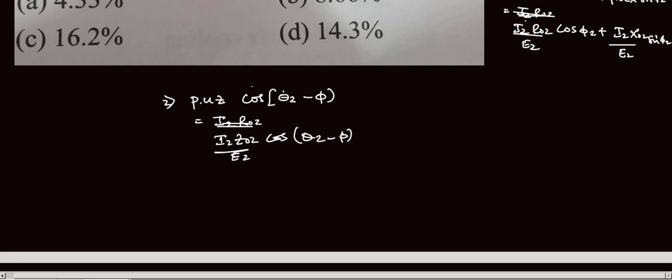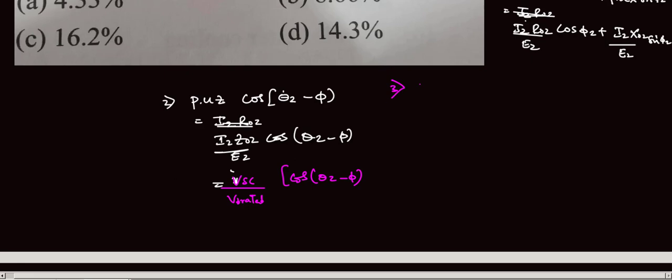Or what is the per unit impedance in terms of the short circuit test? Vsc by V rated, into cos of (theta 2 minus phi).